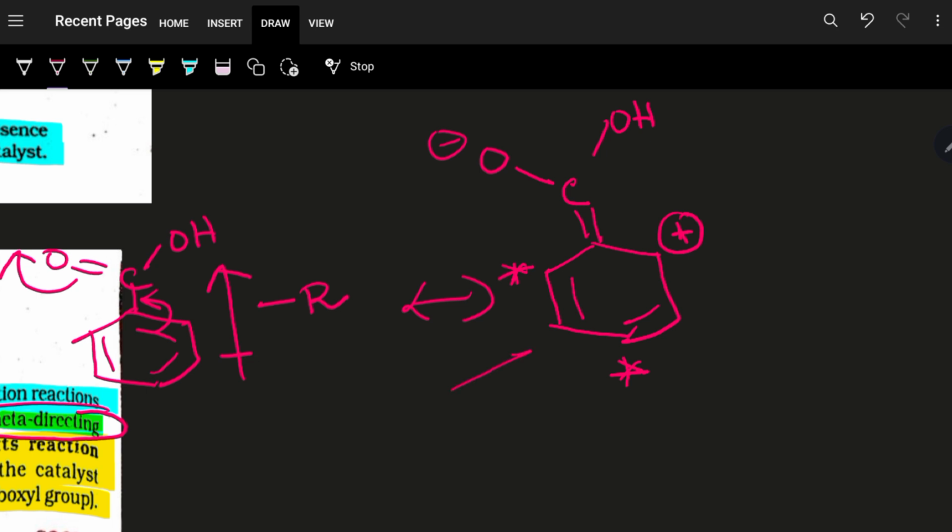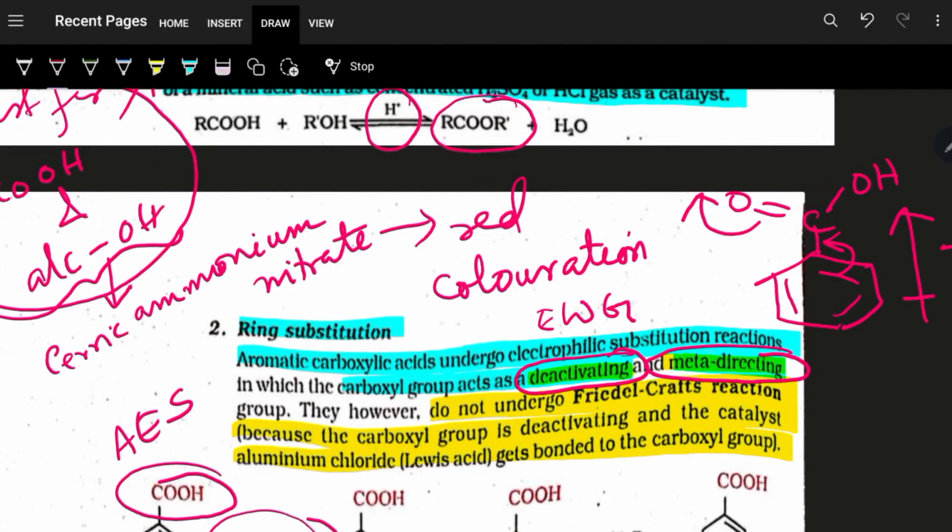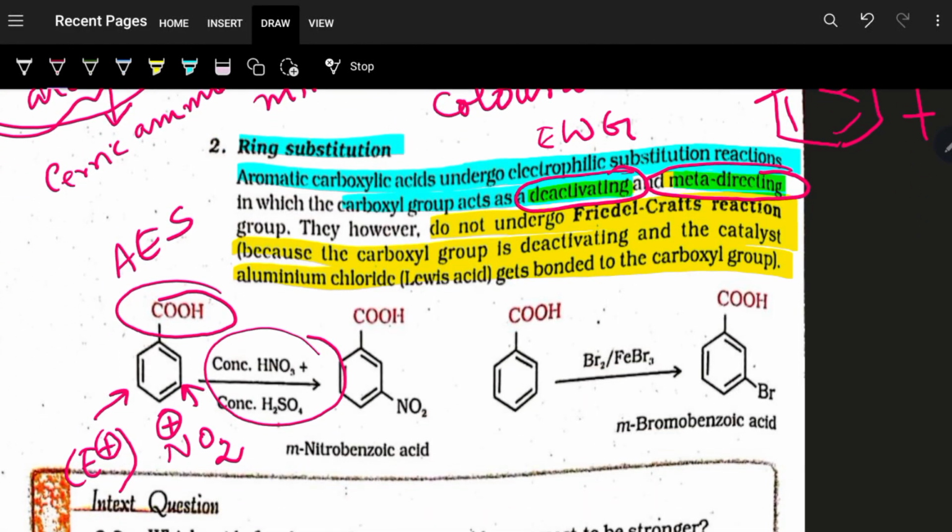So the electron density over the meta position is comparatively greater than at the ortho and para positions, where there is a positive charge. So the nitro group is entering the meta position.